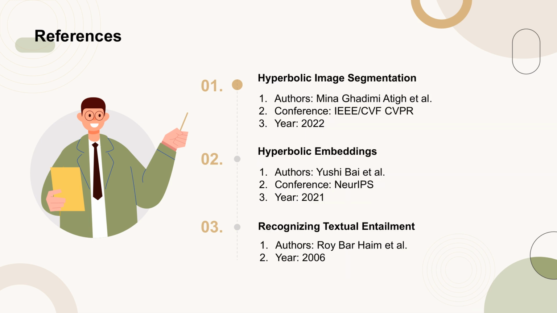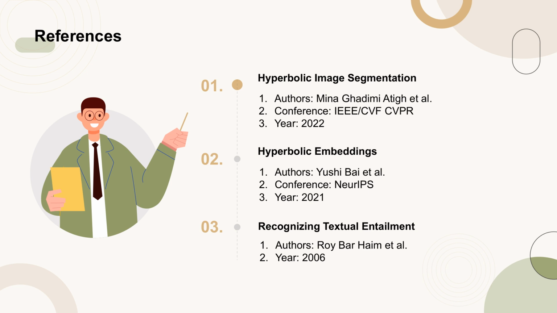In this section, we will briefly review some key references that have contributed to the field. First, Hyperbolic Image Segmentation by Ghadimi Atigh et al., presented at the IEEE/CVF Conference on Computer Vision and Pattern Recognition in 2022. This work focuses on segmentation techniques in hyperbolic space.